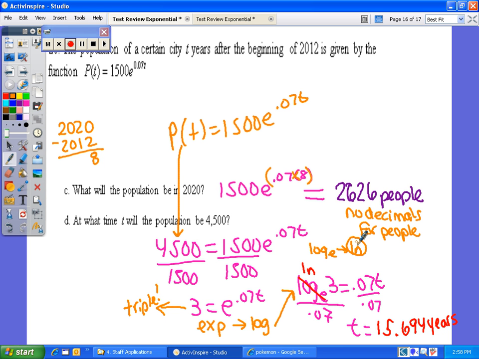So you put in ln 3 divided by 0.07, and that will give you your value for t. Your t wound up being 15.694 years. So it'll take a little over 15 years for the population to triple.